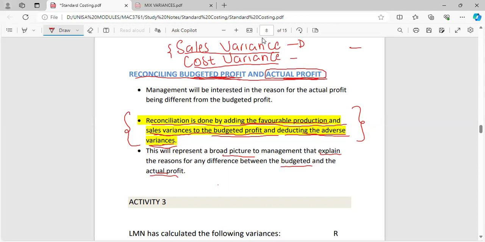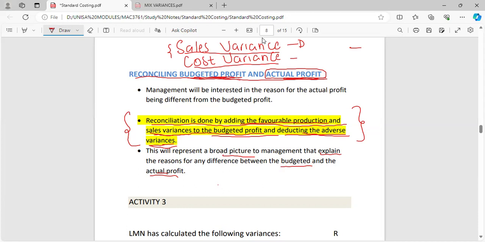Right. When you are reconciling, you should look at the point that if we have a favorable sales variance, then it means we have managed to increase our sales there. So it's going to increase our profit.